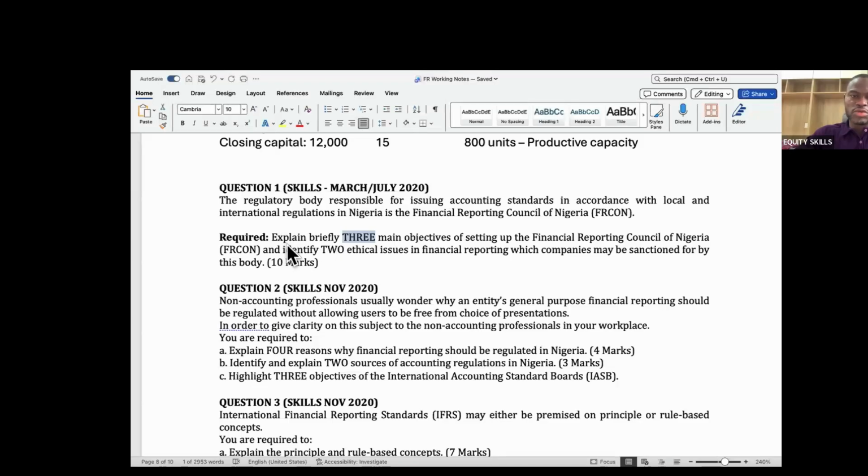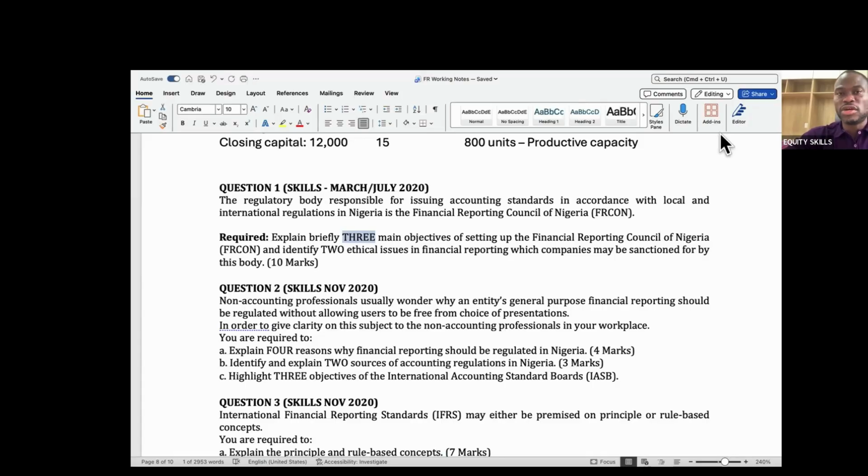So they now said we should identify two ethical issues in financial reporting which companies may be sanctioned for. Can you remember this? There are many.